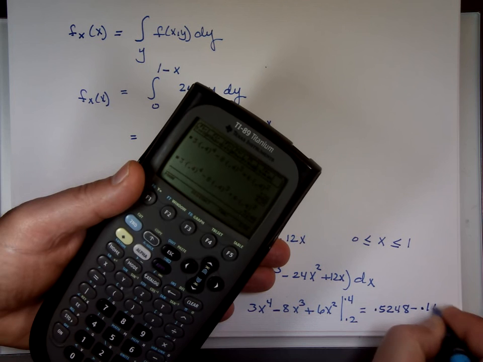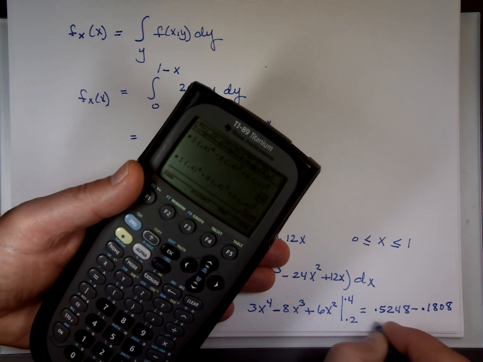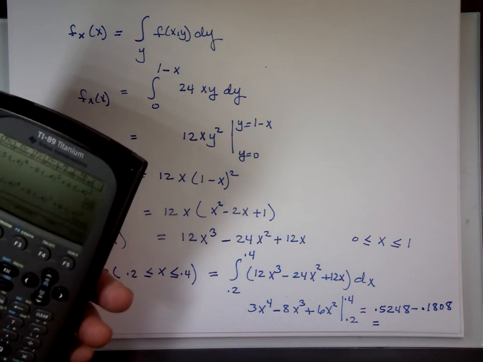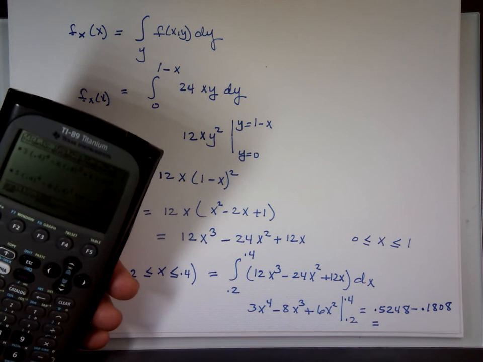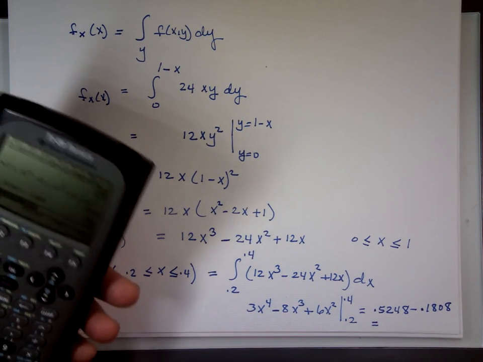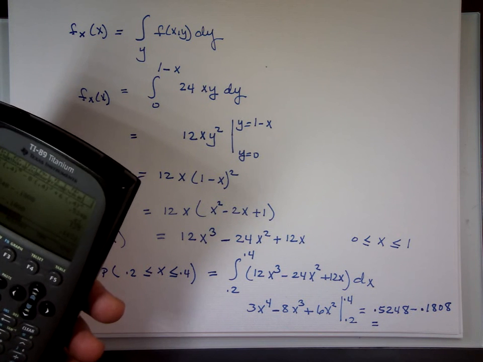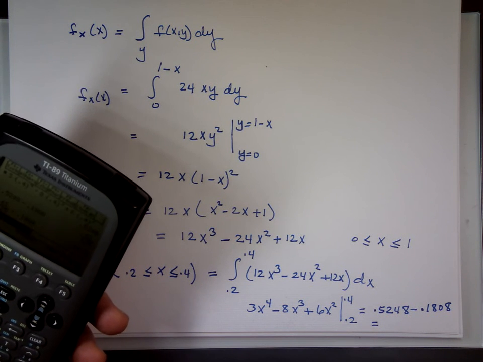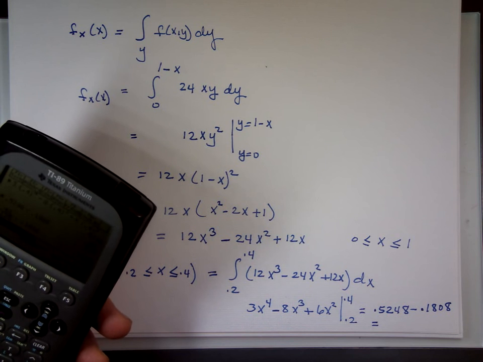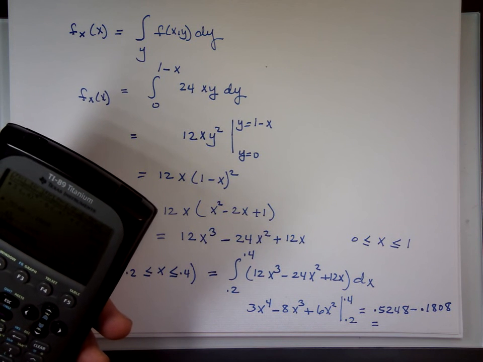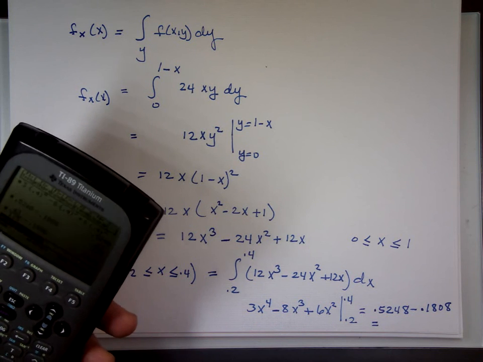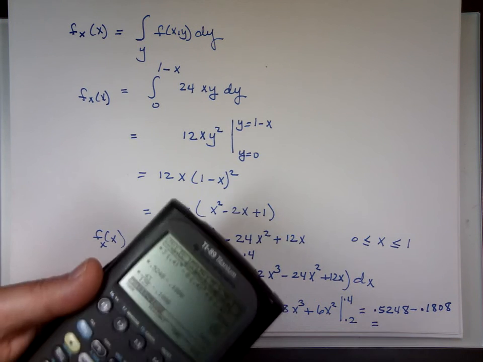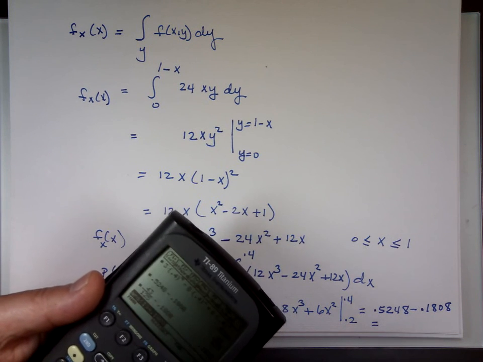So we subtract them. Minus 0.1808. And the chance of that happening is 16. Doesn't seem higher than 16%. 34. What happened?